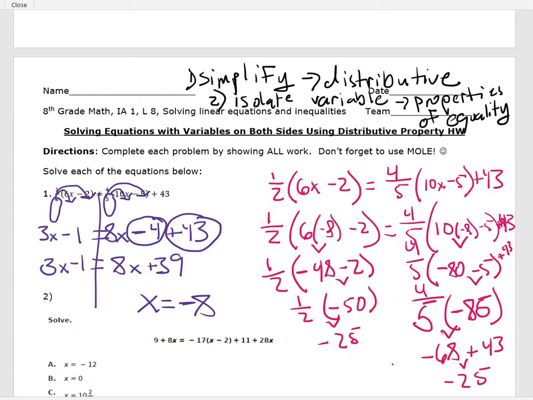So I'm left with -25 equals -25. So I've proven that I have the correct answer to this equation, the correct value of the variable of x. Take a moment if you need to copy anything down, and then we will move on to the next problem.